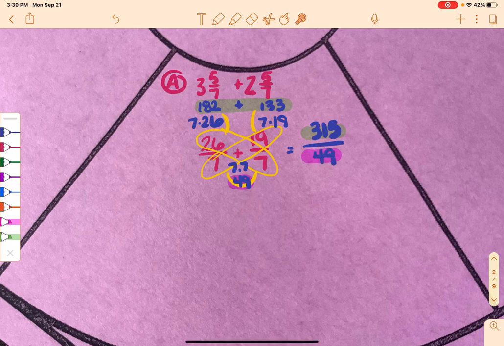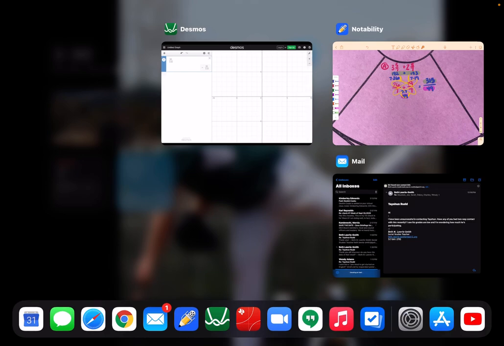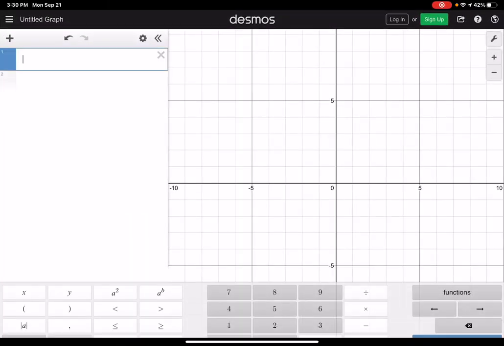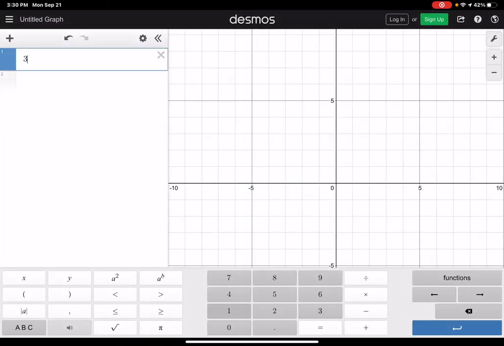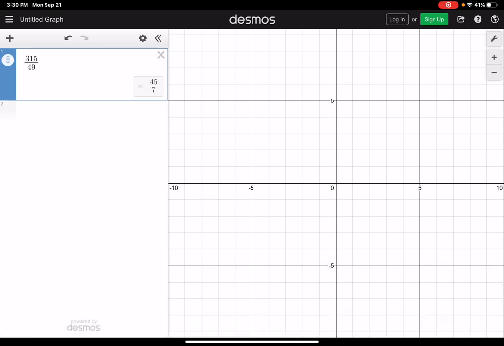Now remember, anytime I get a fraction here, I'm going to put it in Desmos to see if I can reduce. So I have 315 over 49. Remember, you're going to hit the fraction bar or the fraction icon in the blue bar in front.